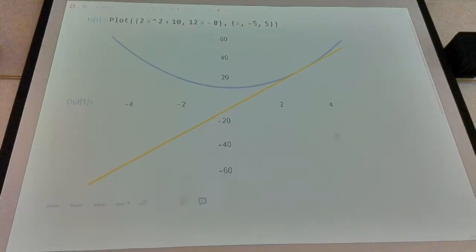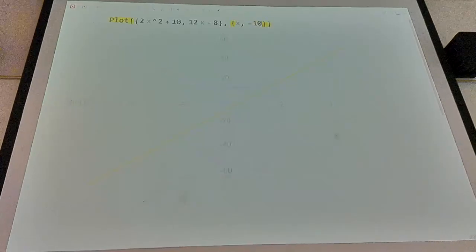Problem is, if I go minus 5 to positive 5 on the y-axis, I'm not going to see the curve. I'd like to have more square windows. The plot range command lets me restrict the y-axis.